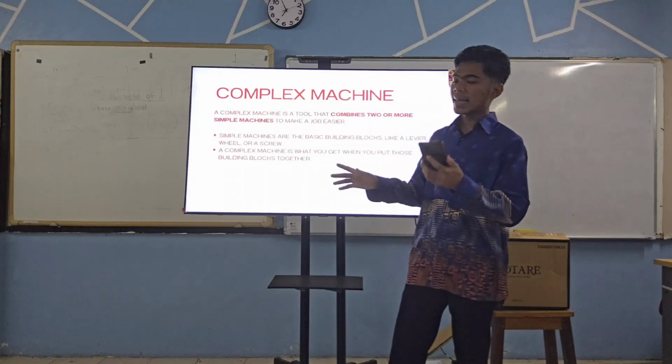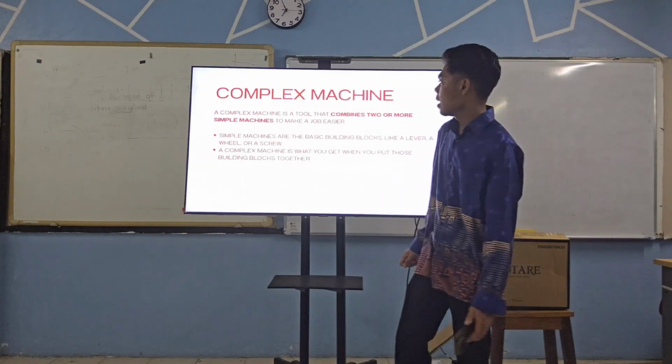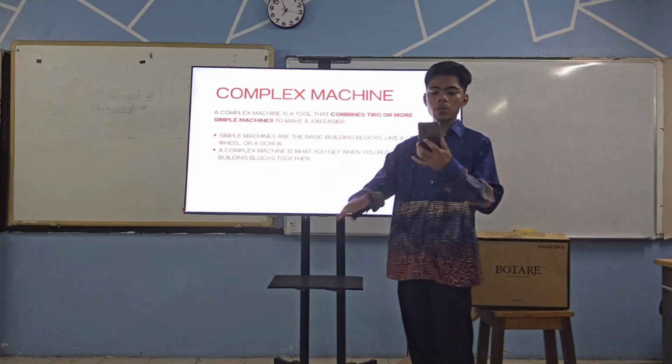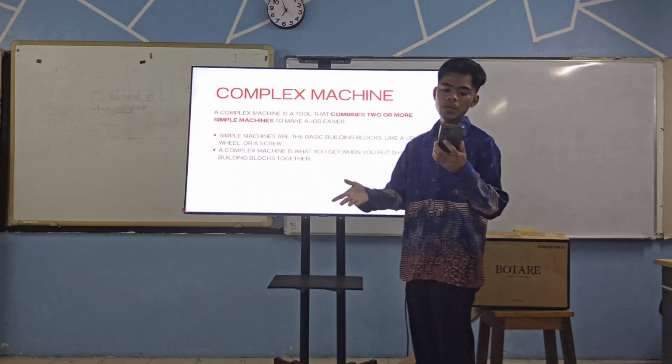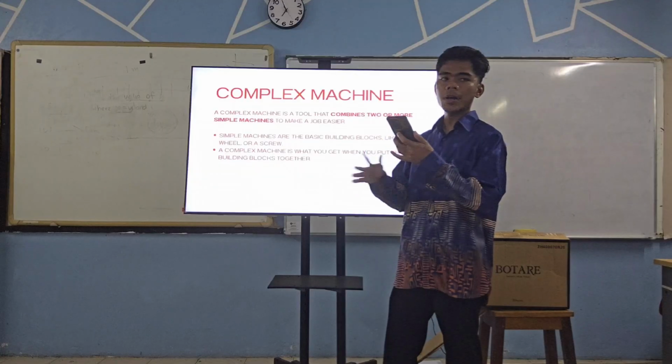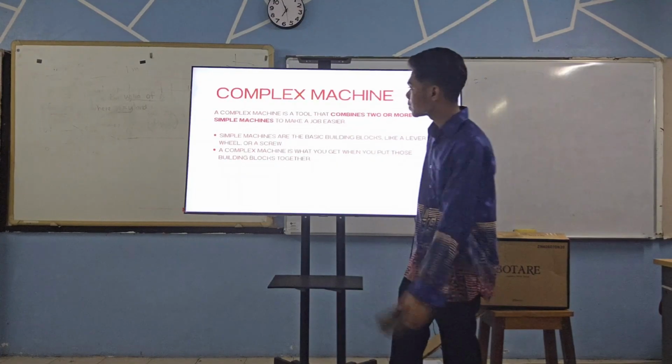If you want to use less effort, which ramp would you choose? Ramp A is very long but not very steep, but ramp B is very short but very steep. So, what do you choose?